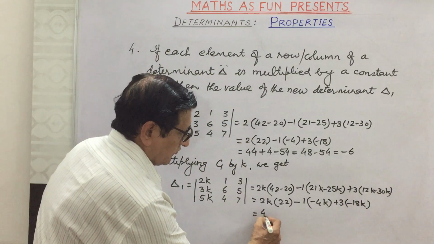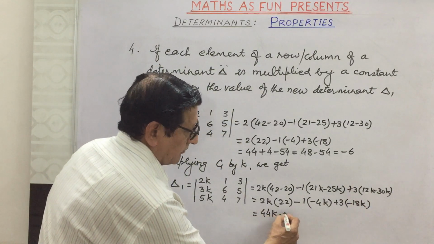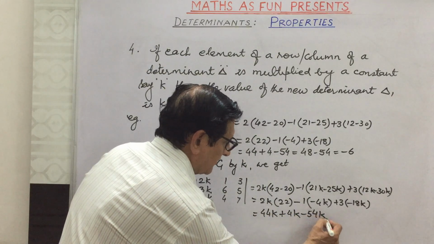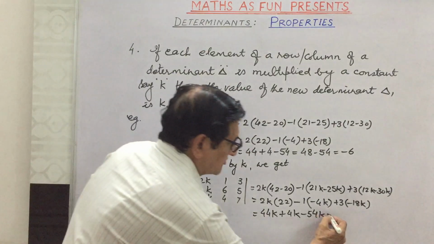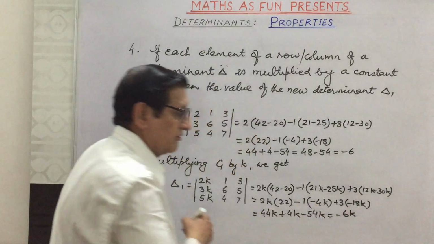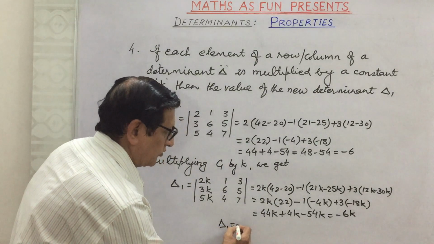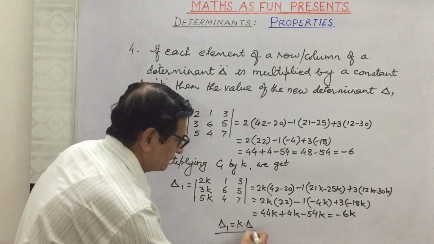This gives us 44k plus 4k minus 54k. Is it also coming as minus 6k? So we find that delta 1 is equal to k into delta.